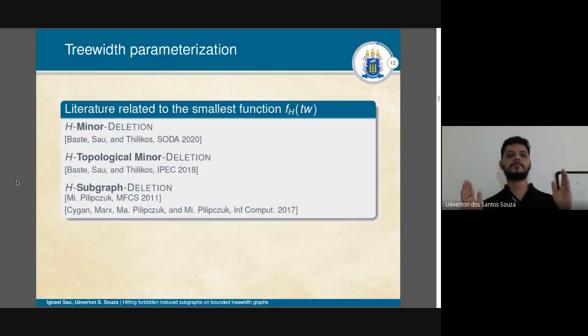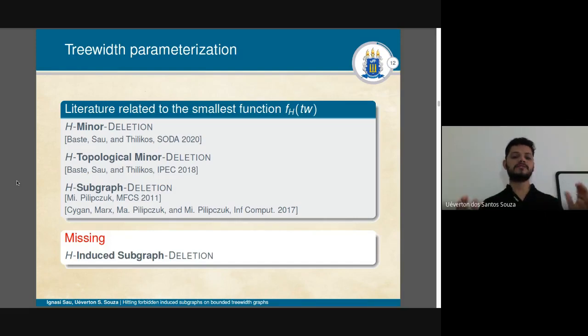And this problem is a particular case of a family of problems that have been considered in the literature with respect to computation in graphs of bounded treewidth. For example, H-minor deletion, H-topological minor deletion, and H-subgraph deletion have already been considered in the literature. However, a systematic study of H-induced subgraph deletion was missing, and one of the goals of this talk is to fix that gap.